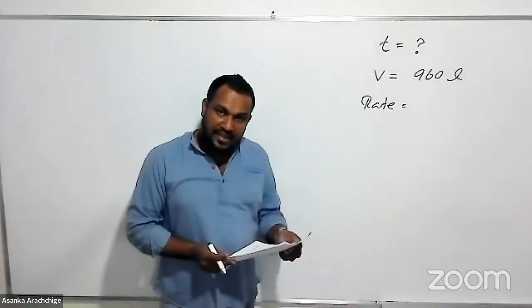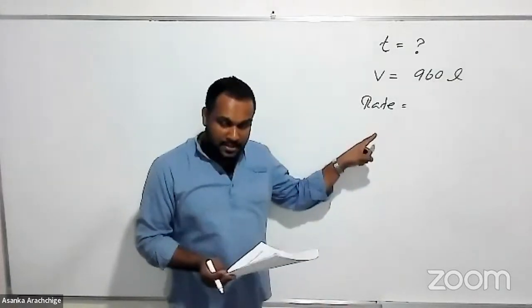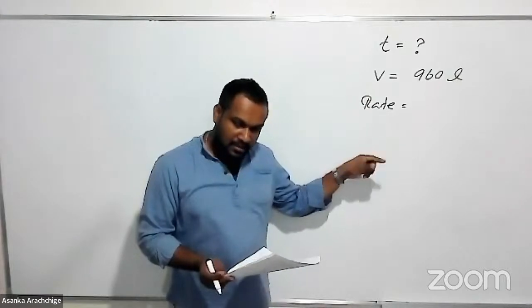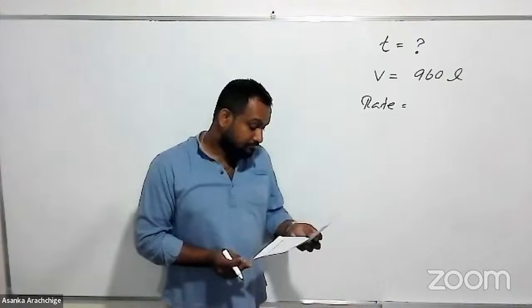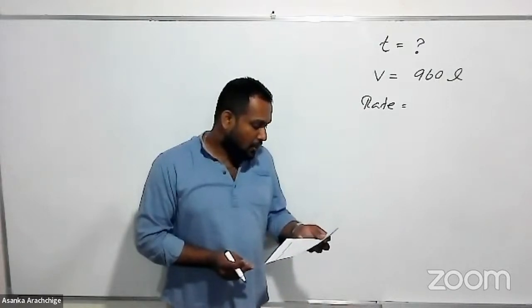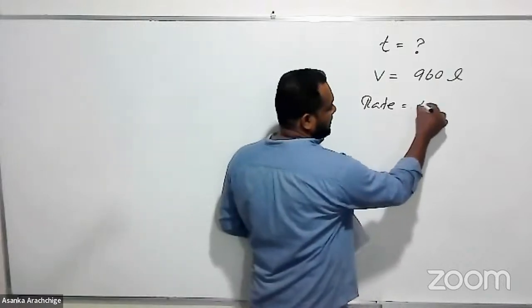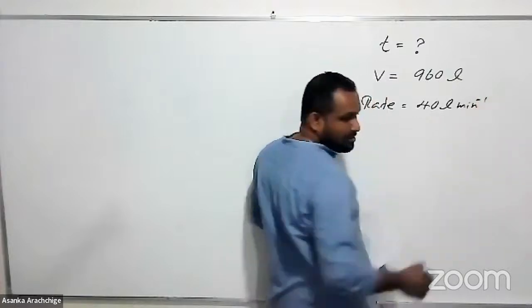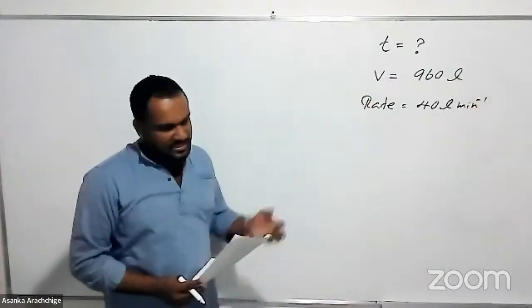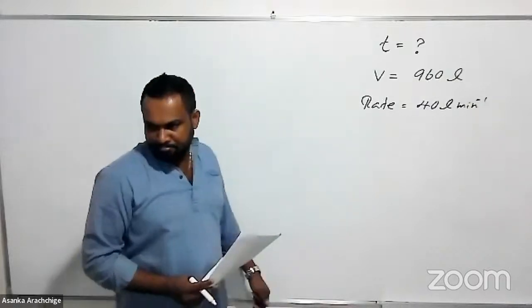The rate at which the water flows through the pump is 40 liters per minute. This is the rate, the water pumping rate.